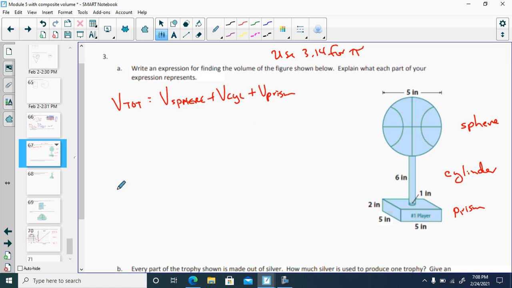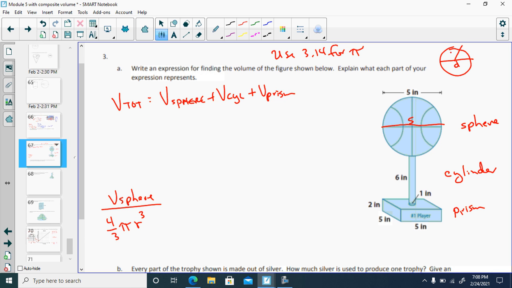Okay, the volume of the sphere: the formula for the volume of a sphere is 4/3 pi radius cubed. All I need is my radius on this ball up here. Well, if that's 5, then this is 5, and that is my diameter, right? Because when you're looking at a circle, all the way across is your diameter.